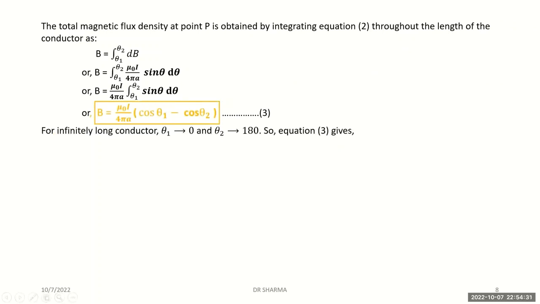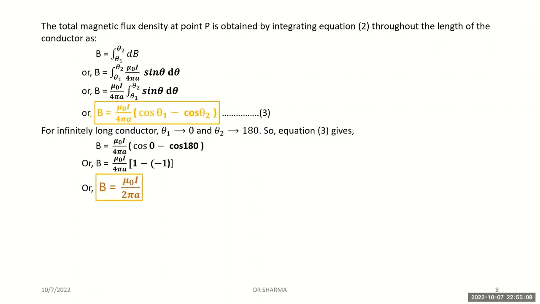Now, as a special case, if the conductor is infinitely long, the angle theta 1 will tend to 0 and theta 2 will tend to 180 degrees. Then equation 3 becomes mu naught I by 4 pi a times cos 0 minus cos 180. You know the value of cos 180 is minus 1. So B is equal to mu naught I by 2 pi a times 1 minus 1, that is, the result is B is equal to mu naught I by 2 pi a.